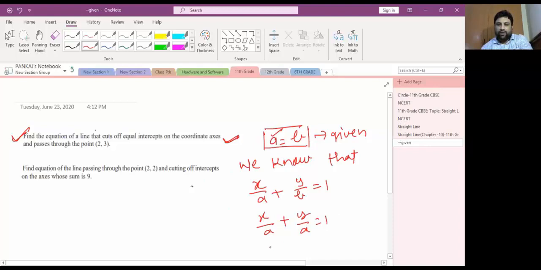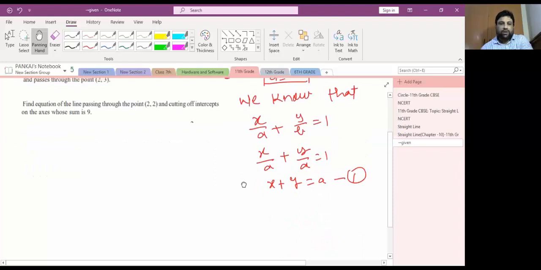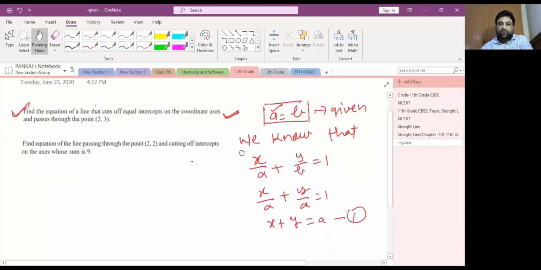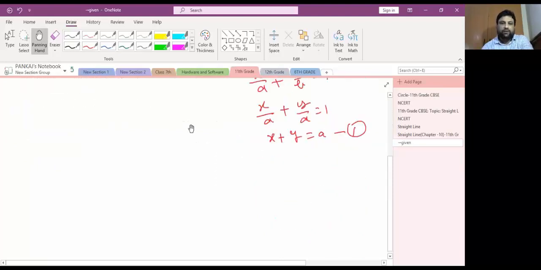Then we can simplify: x plus y is equal to A. Suppose this is equation number 1. Here one condition is also there: this line passes through the point (2, 3).